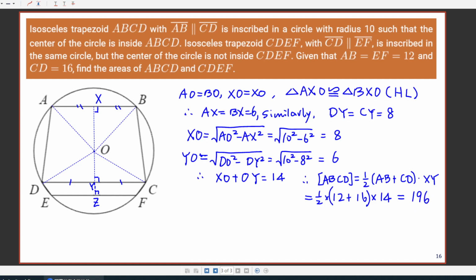And now we can find the area of the other trapezoid CDEF. We could break the problem into right triangles as before, or we could be a little more clever and apply what we have learned about triangle AOB to triangle EOF.